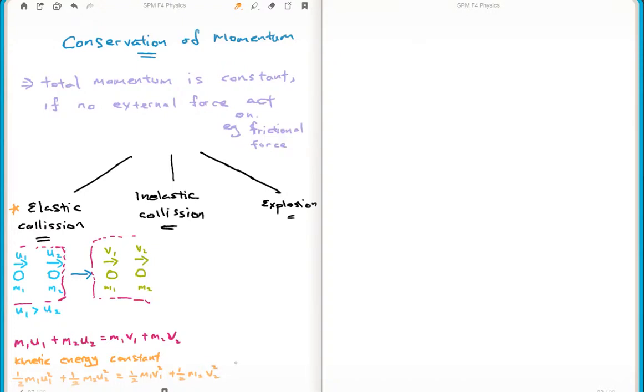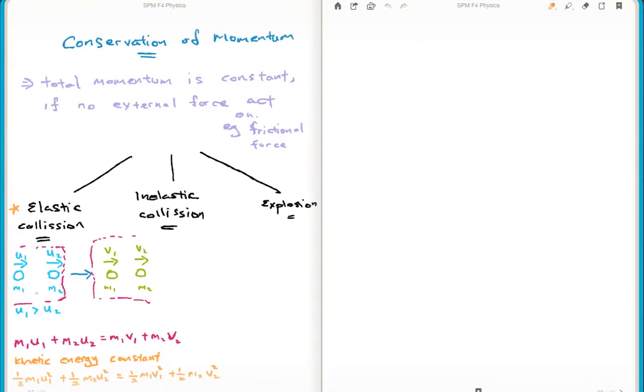Okay, right? Now, in this case, for SPM, this is what you need to know, and this is the condition you should consider.